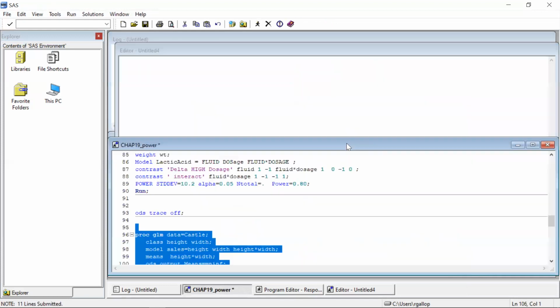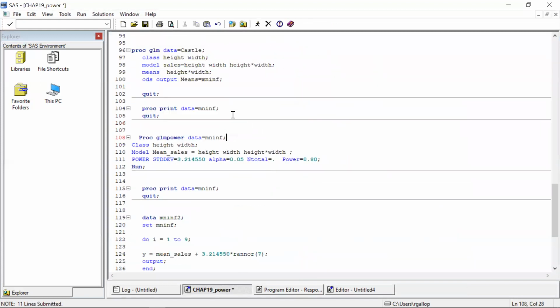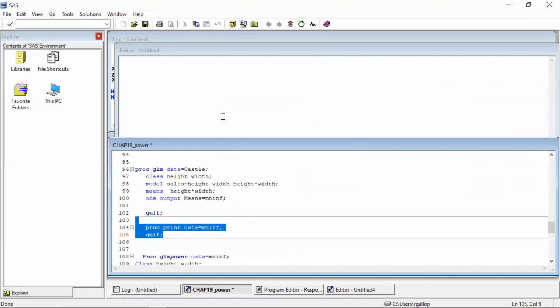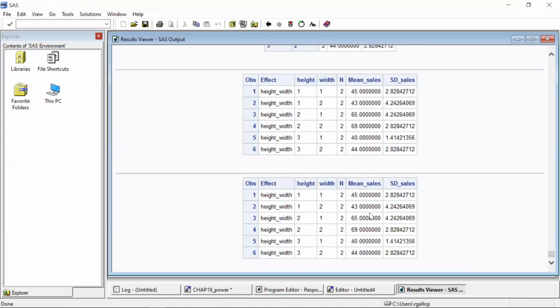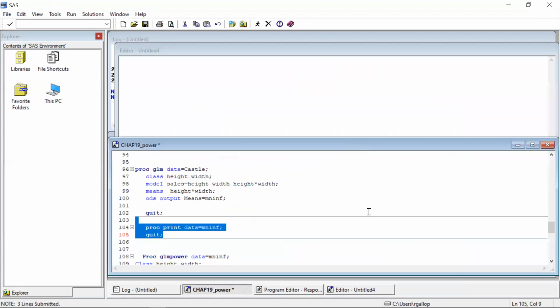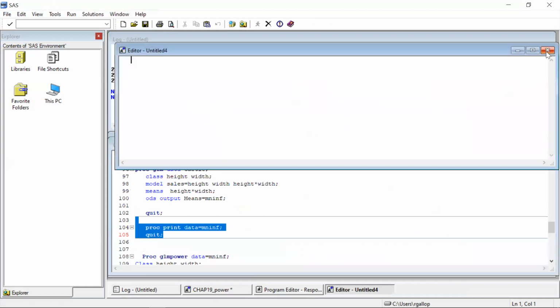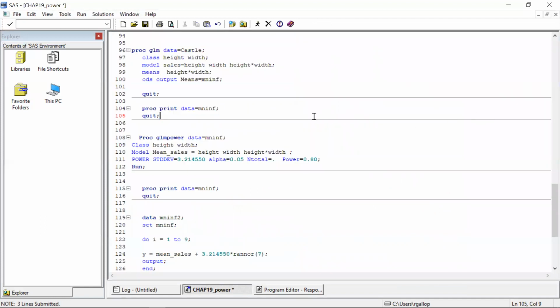Here's my cell means. So with my cell means, the ODS put the cell means in a data set. So as you can see, I'm taking this into PROC GLMPOWER, my cell means, my root MSE here, right? My root MSE here.